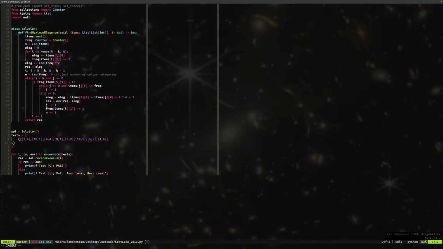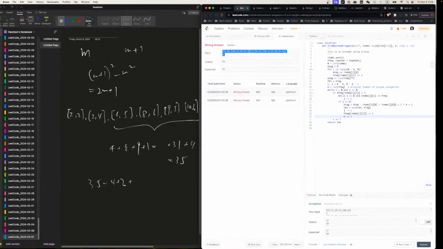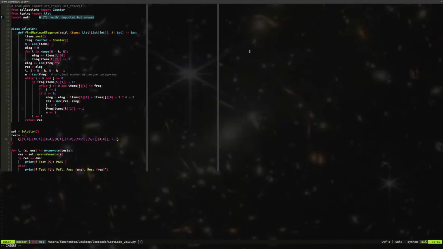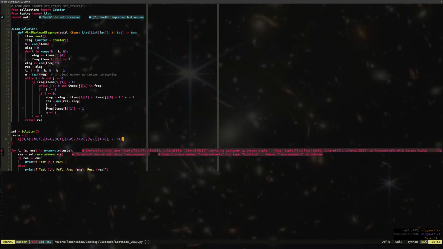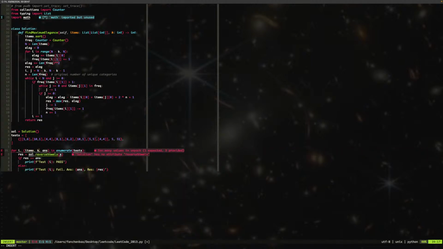Okay, so we do this. The answer is supposed to be 51. So we have items and k, and this is supposed to find the maximum. What is s doing here?